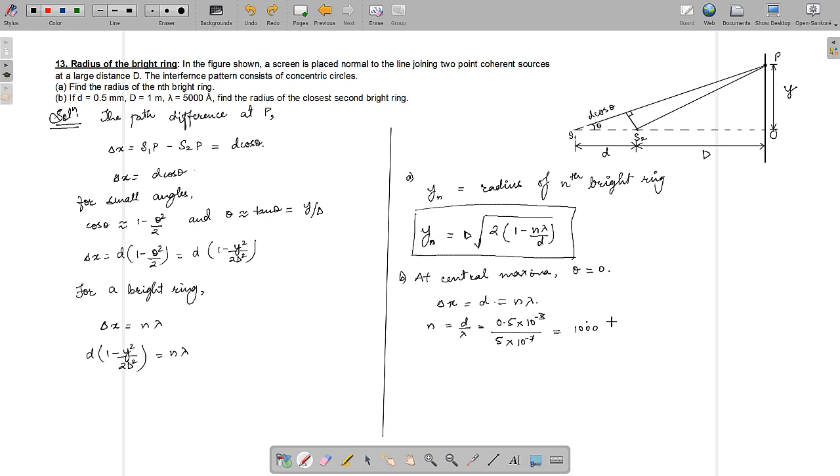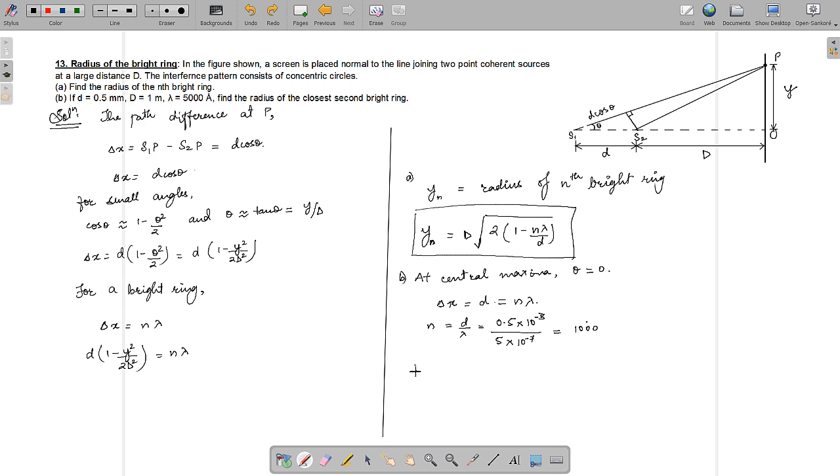Now we want to find the radius for the second closest bright ring. Point O will be just a point, not a ring. So the first ring will occur for n equal to 999, and then the second closest bright ring will be for n equal to 998.